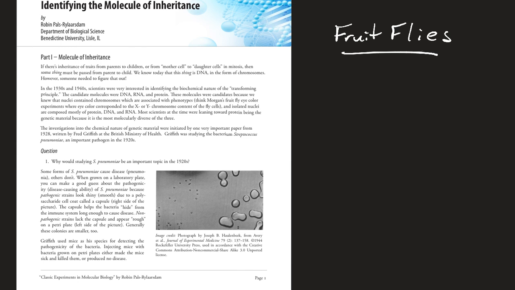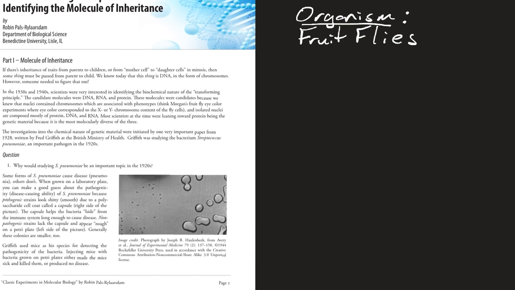Why did we choose to study molecules in an organism like fruit flies? Can somebody give me an idea? Why choose fruit flies? They're not very similar to us, are they? So why would we choose fruit flies? Fruit flies are very different from us. They're insects. They don't have a spine.